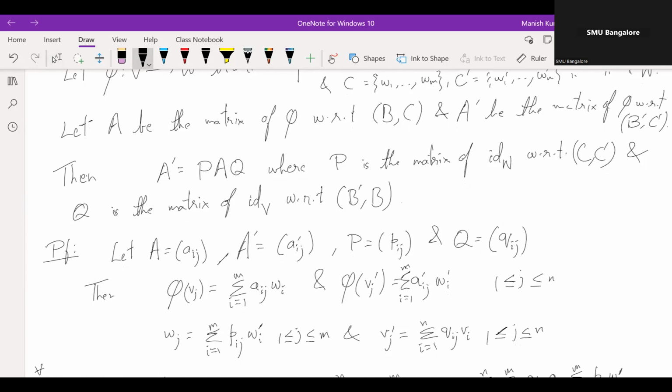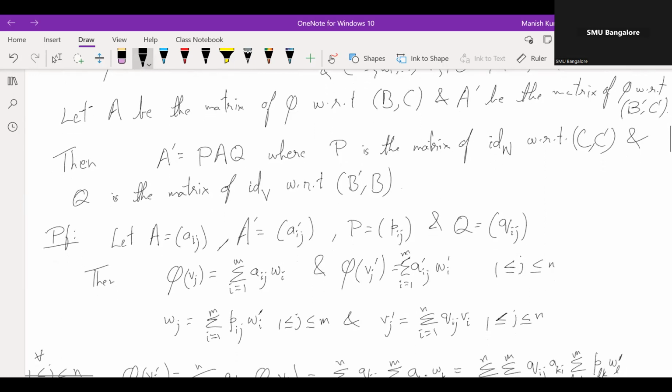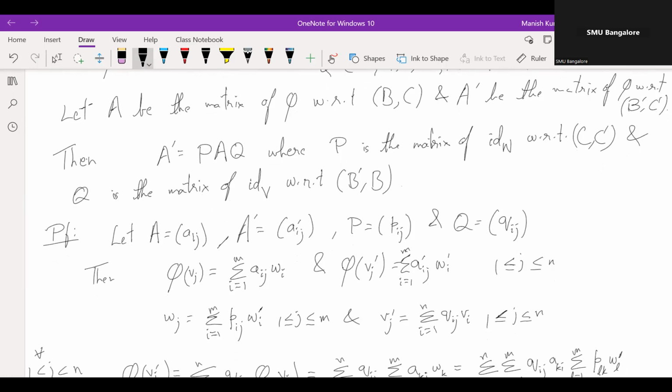So Wj should be some linear combination of the Wi primes, namely the summation of Pij Wi prime. Then only will P be the matrix of the identity of W with respect to C and C prime. This is precisely what it means.